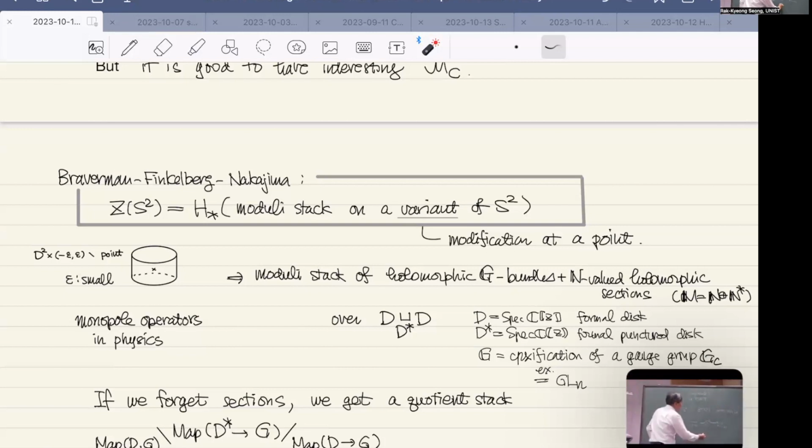It means I take D, I drop this epsilon, so the union of D and D. Here it means I glue two disks along here, but I need to remember the puncture, so I can glue over the puncture.